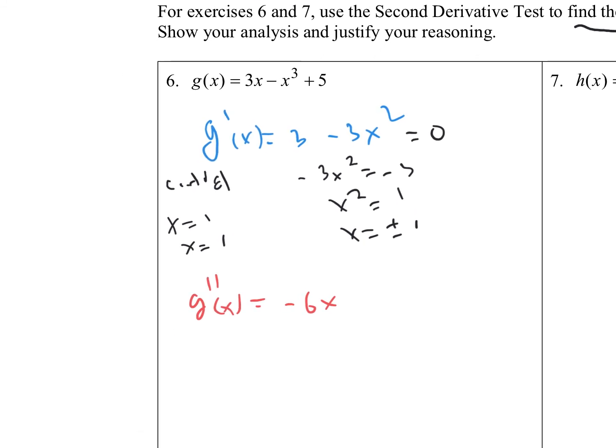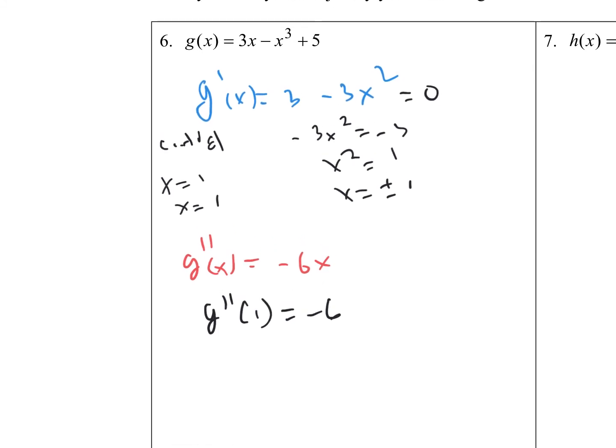I take that second derivative and I test each of those critical numbers. G double prime of 1 gives me a negative 6. Well, that meant the concavity was concave down. So if it's concave down, then this x equals 1 right here had to be a max.